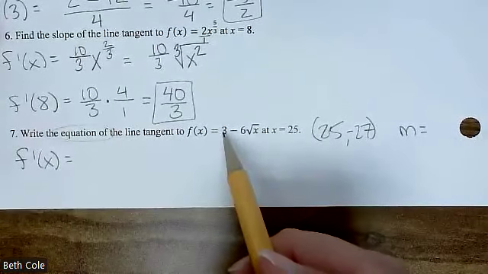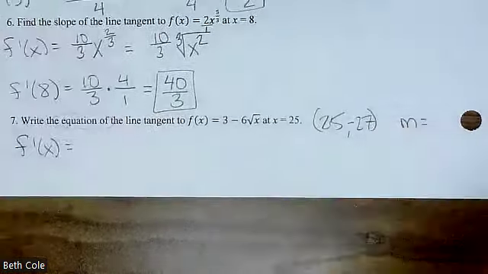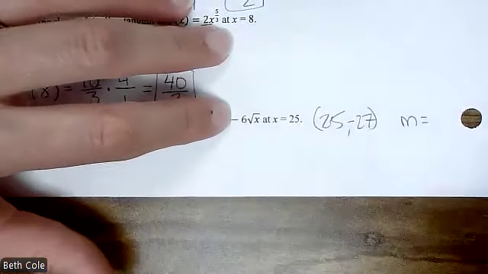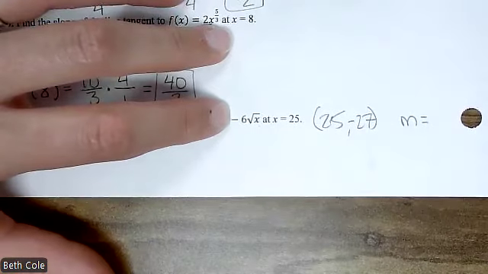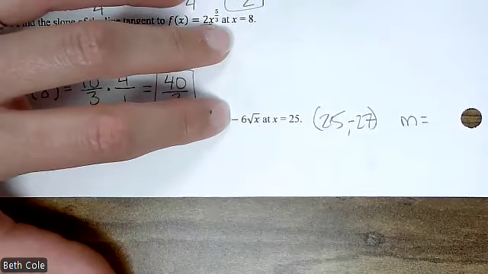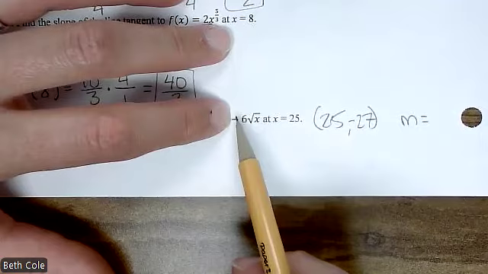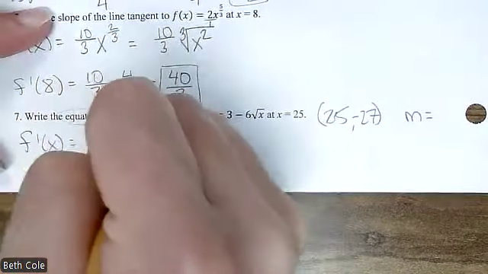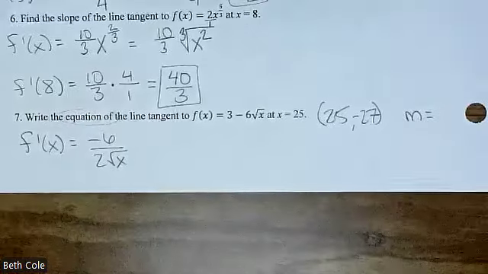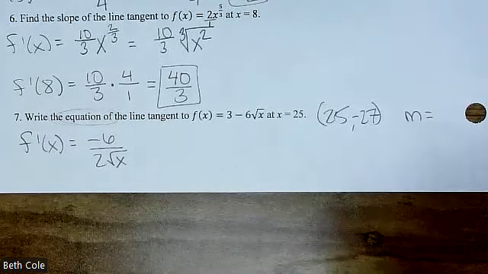So 3, what's going to happen with 3? Yeah, that goes away. It's a constant. I'm just going to cover it up. What's your derivative of square root? 1 over 2 square root. This one is just going to be negative 6 over 2 square root. The negative 6 is just there. It's 1 over 2 square root, but then times a negative 6.